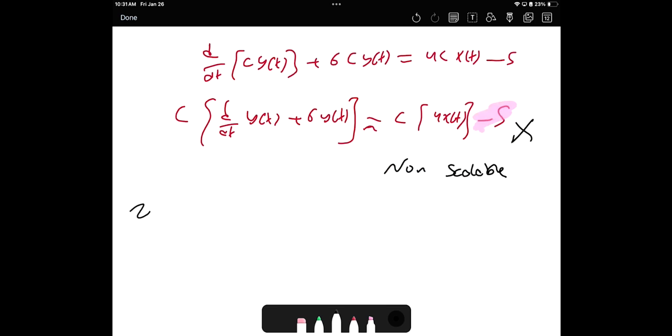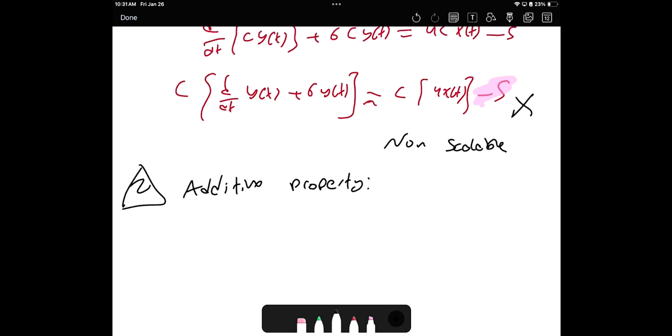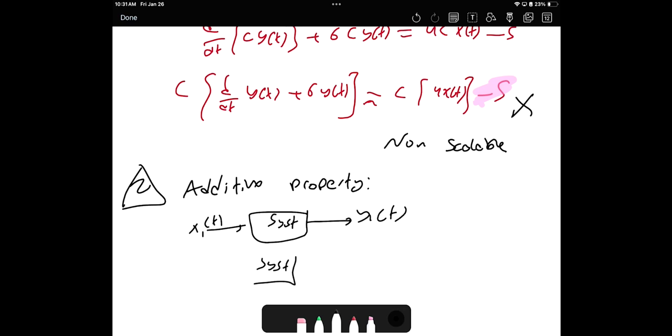Now the other thing, additive property. Additive property says that if you have a system with x1 of t, it will give you y1 of t. If you have the same system with x2 of t, it will give you y2 of t.